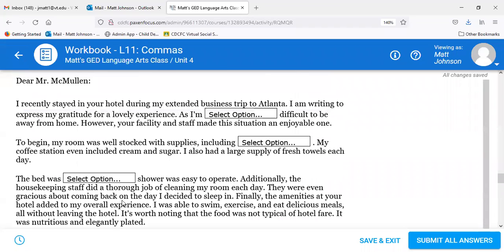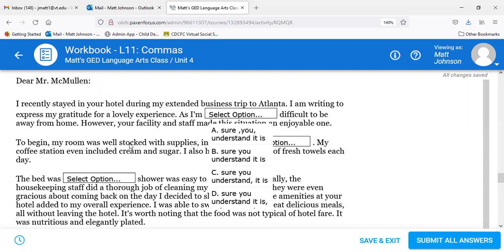All right, we'll drop down here, go to the next one. Dear Mr. McCullen or Mr. McMullen, I recently stayed in your hotel during my extended business trip to Atlanta. I'm writing to express my gratitude for a lovely experience. As I'm sure you understand, it is difficult.